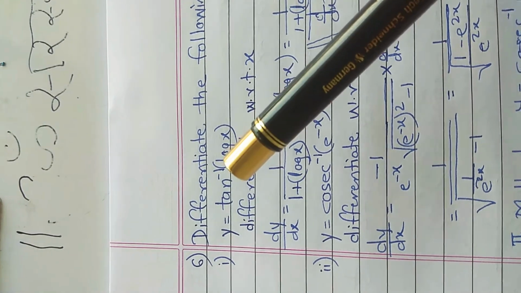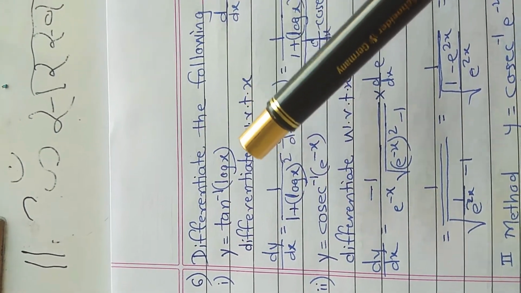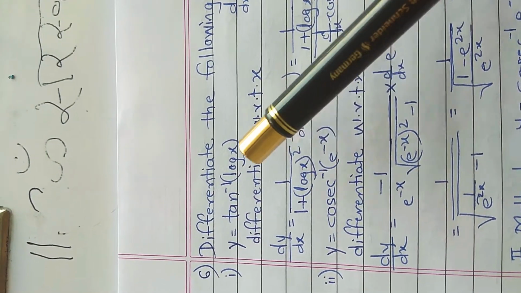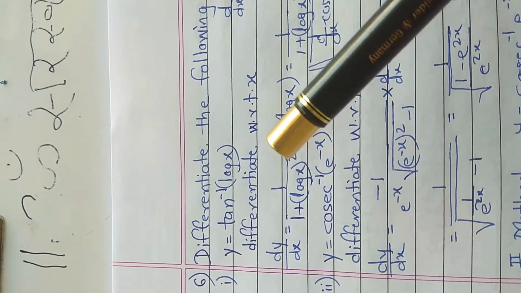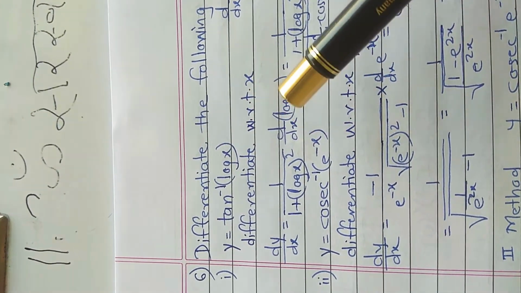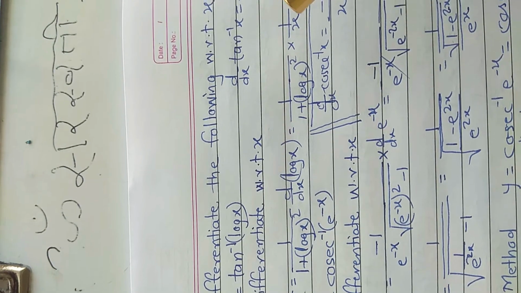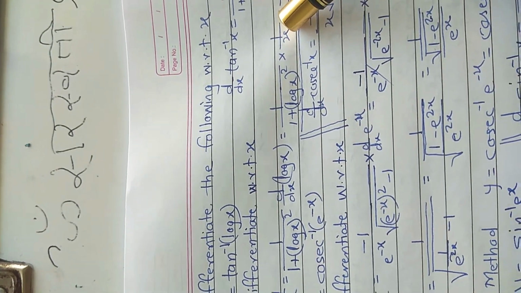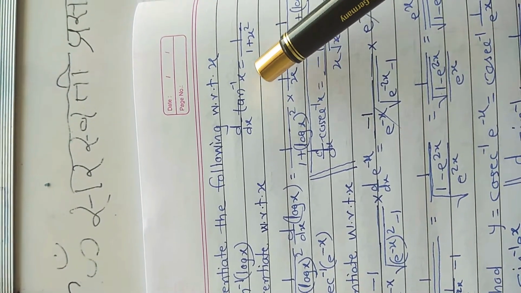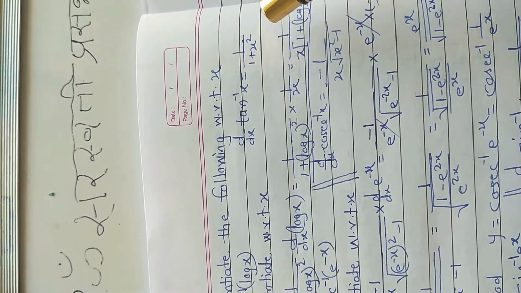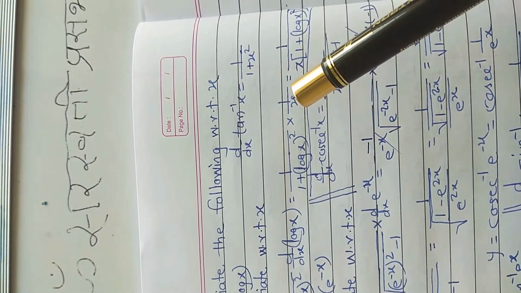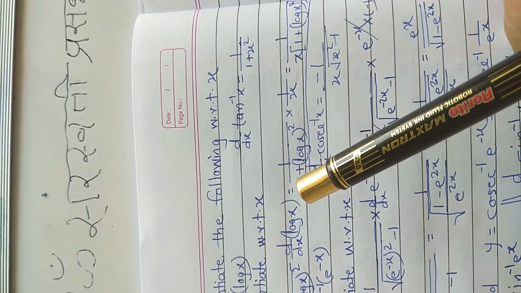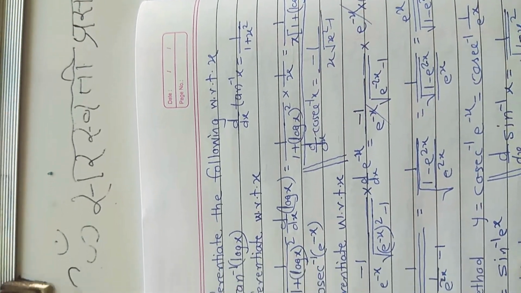Similarly, here also derivative of tan inverse of log of x is 1 upon 1 plus log of x square. Derivative of log of x is 1 upon x. So final answer will be 1 into 1 in the numerator will give you 1. In the denominator it will be x into bracket 1 plus log of x bracket square.